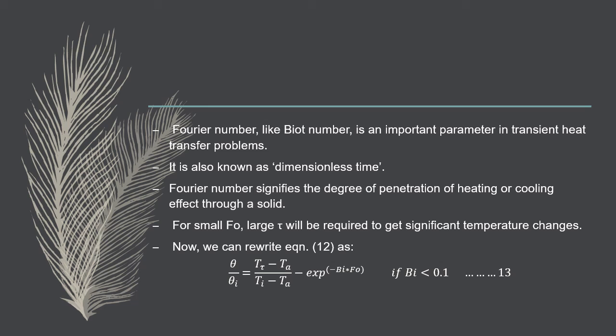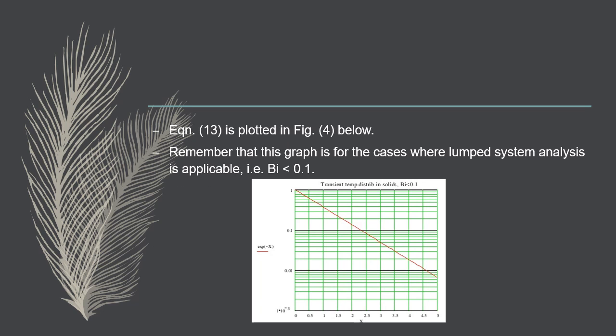Now, we can write equation 12 as θ/θi = (T(τ) − Ta)/(Ti − Ta) = exp(−Bi·Fo) if Bi is less than 0.1. Equation 13 is plotted in figure 4, the figure given below.